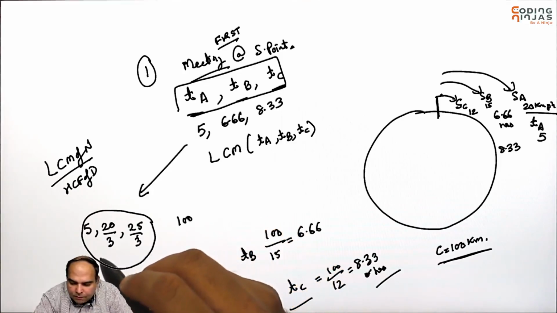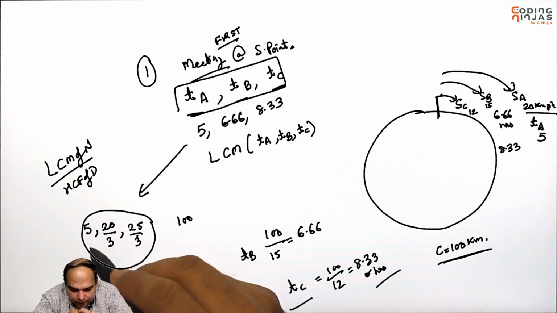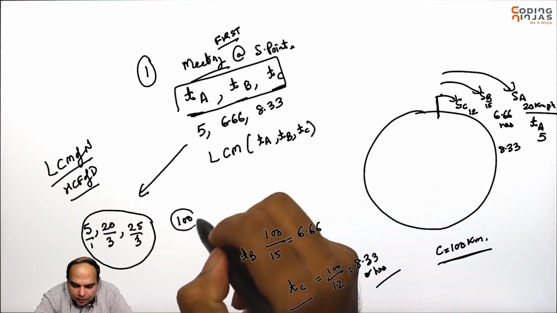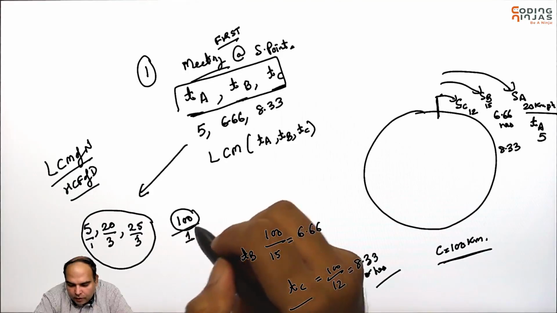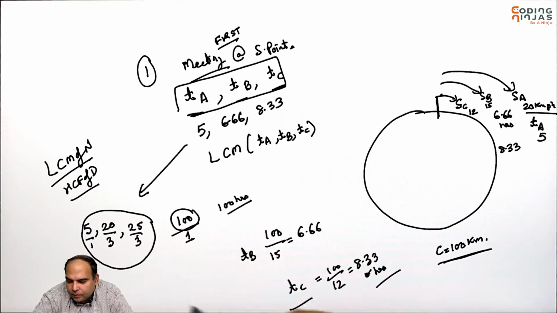The HCF of the denominators 1, 3 and 3 is 1 itself, not 3. Hence they will meet at the starting point after 100 hours.